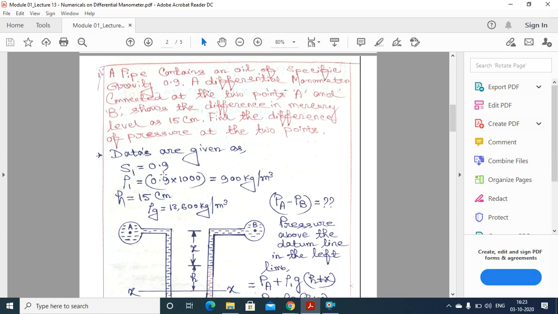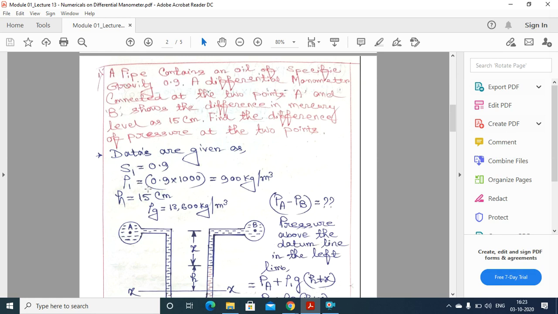Now rho 1 is the density of the liquid. What will be the density? Density of the liquid is equal to the specific gravity of that liquid times the density of water, which I have already told you.